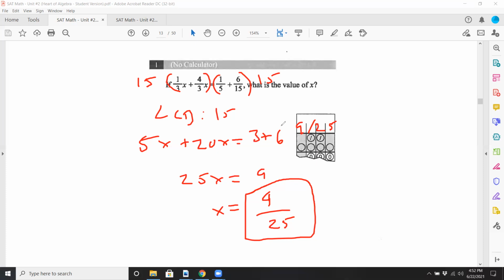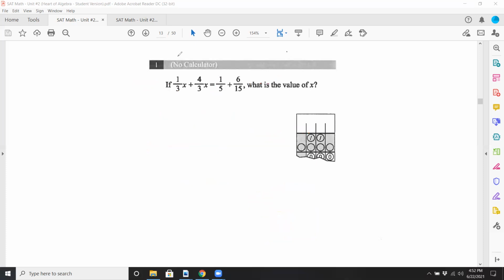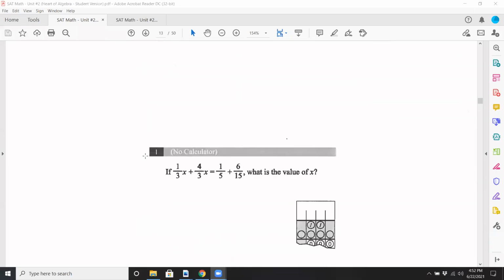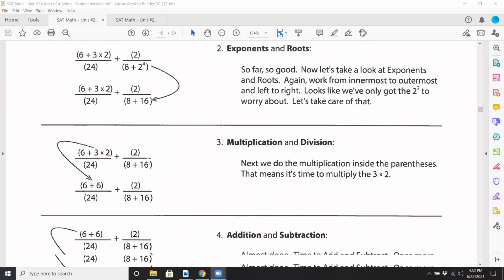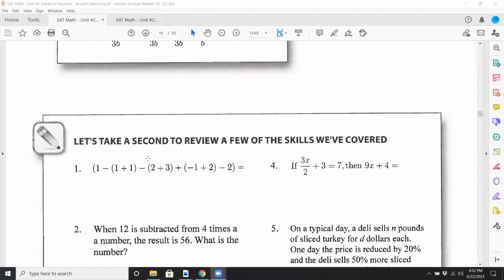Any questions so far? Nope. All right. So let's move on to some problems you guys can practice. Do make sure you're comfortable with order of operations.